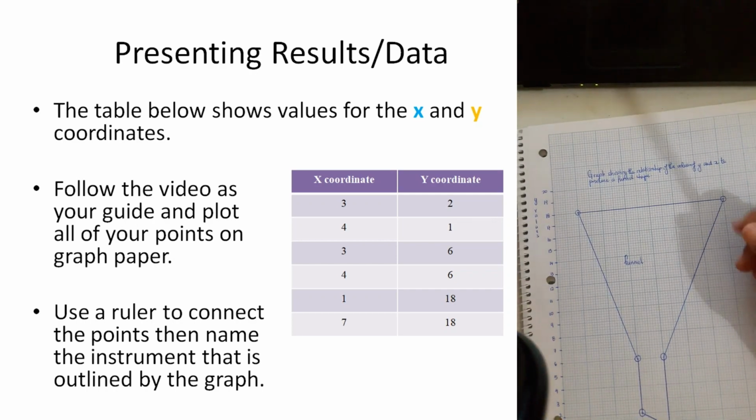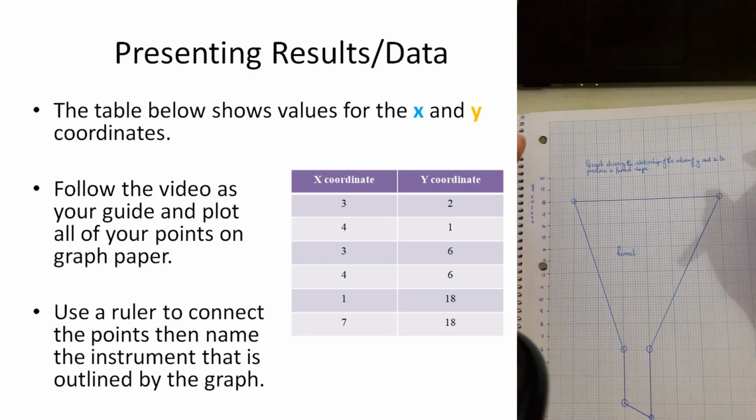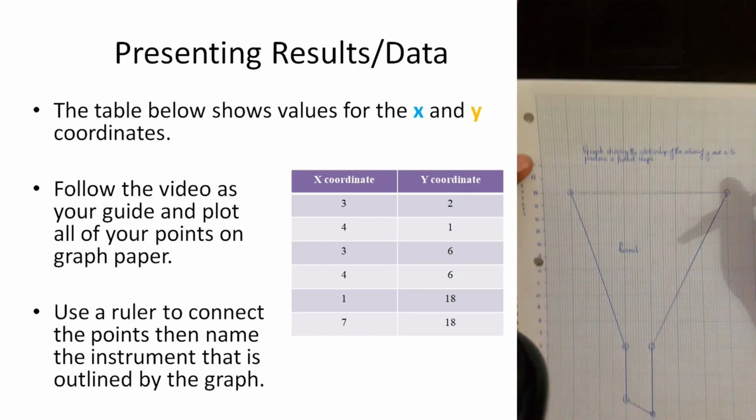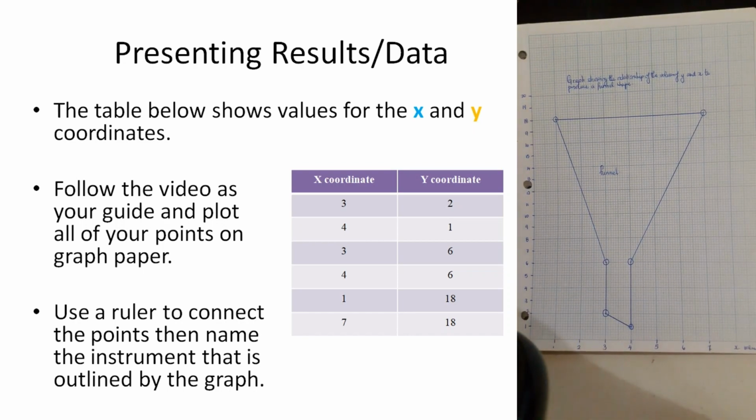Yeah, you could have anything. You could even write y versus x, but this is a proper title. It's cool. So graph showing the relationship of the values of y and x to produce a funnel shape. And this is what you should get. Okay? Great.